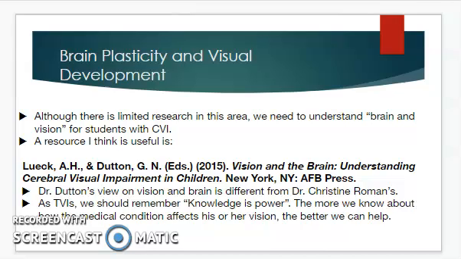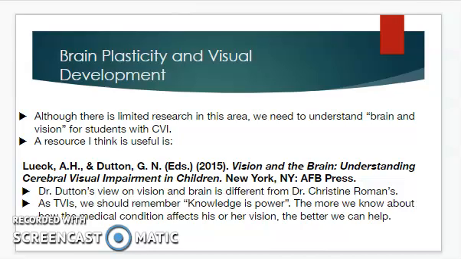This is an important topic for CVI as well, brain plasticity and visual development. Remember, the brain is a resilient organ that can recover from injury. And there's limited research in this area about brain and vision, especially for students with CVI.